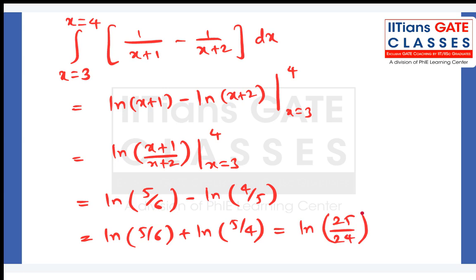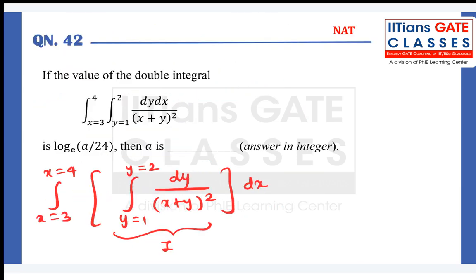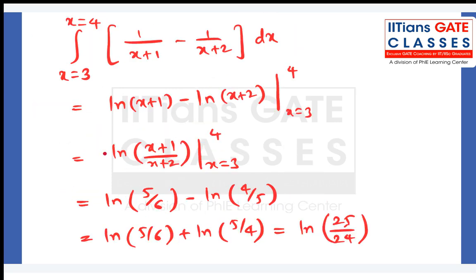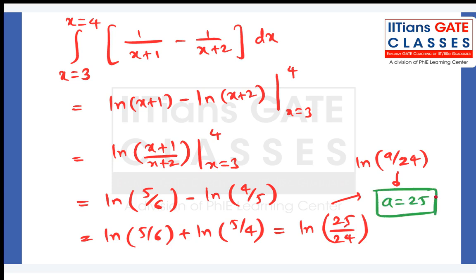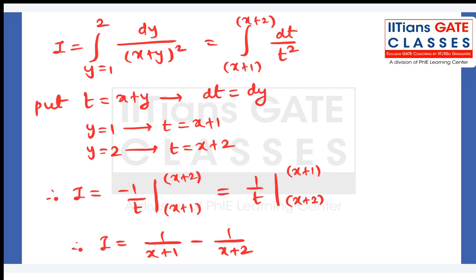Okay, and then just compare with what they are asking. They are asking that the final answer should be ln a by 24. So if you compare this with ln a by 24, the value of a should be 25. That was your answer. Again, a simple, straightforward kind of question.